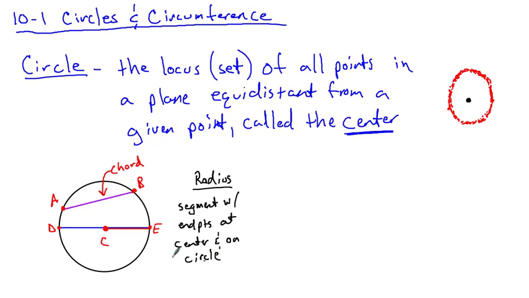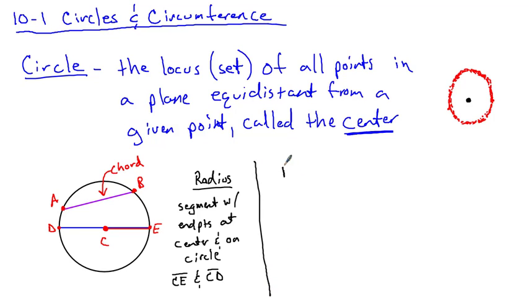So if you're not sure what that means, it means the radius is this red little line segment, and its endpoint is on the center and its endpoint is on the circle. So our radius is CE, and also we have the radius CD. Even though it's not marked in our picture, it's still there.